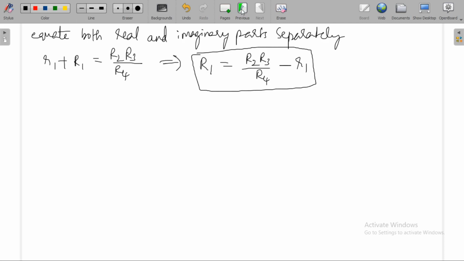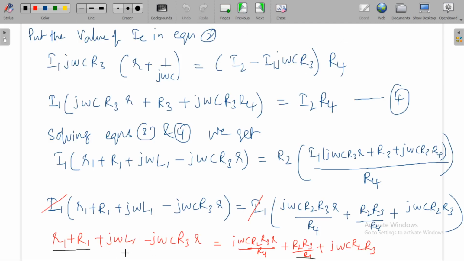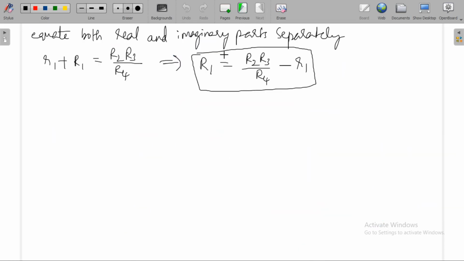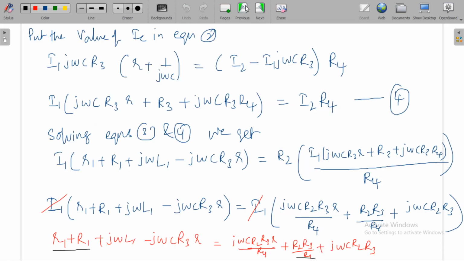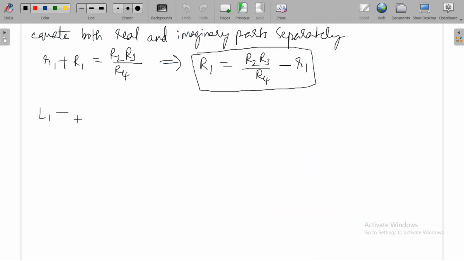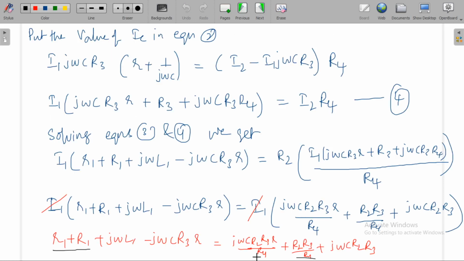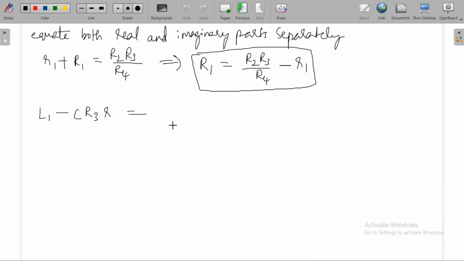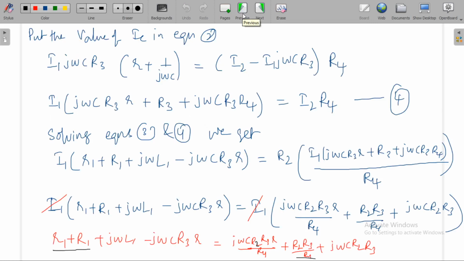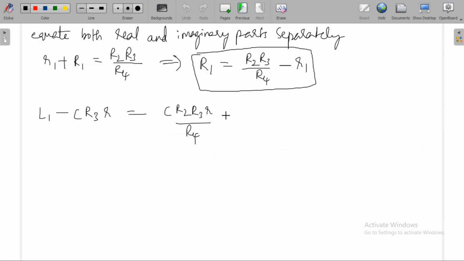Now equating imaginary parts. L1 minus C R3 R is equal to C R2 R3 R by R4 plus C R2 R3.